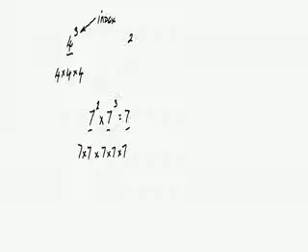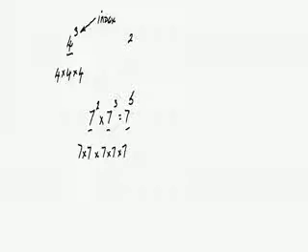So what we've got there is 7 multiplying itself 5 times. So 7 to the power of 2 times 7 to the power of 3 is 7 to the power of 5.